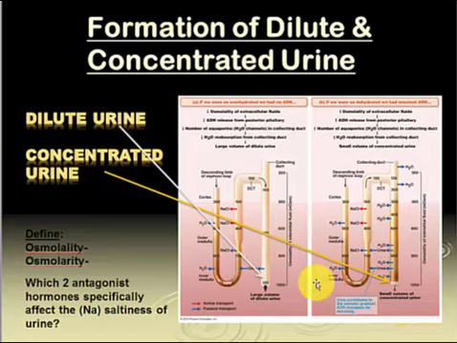You notice the arrows pointing out the osmolality of urine. On the left side, we're looking at dilute urine with a milliosmol content of 100, versus in the concentrated case, we're looking at 1200 milliosmols.